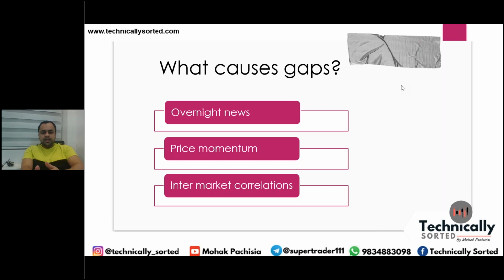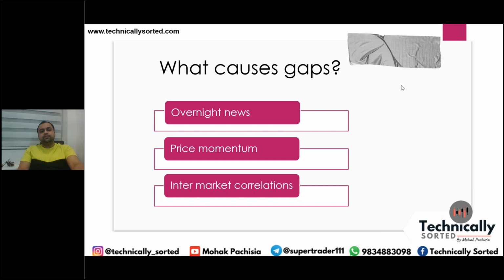Looking at this, the valuation of the stock should be so much, and the price is much lower in the market. So if the strong hands want to go and buy at a higher price the next day morning, the gap will occur because they are ready to pay a higher price.